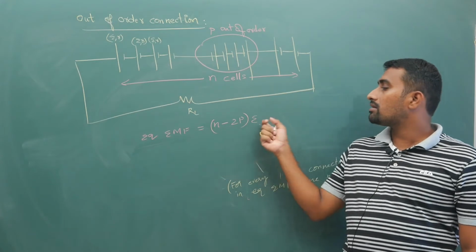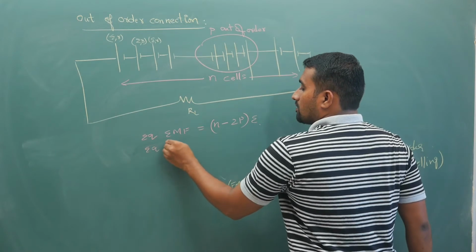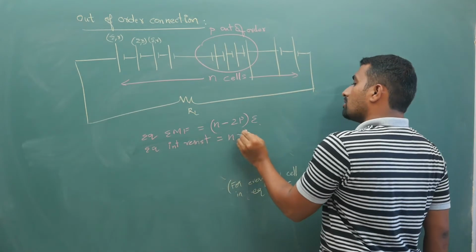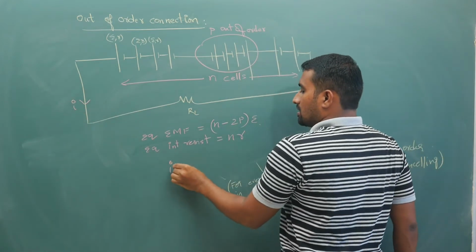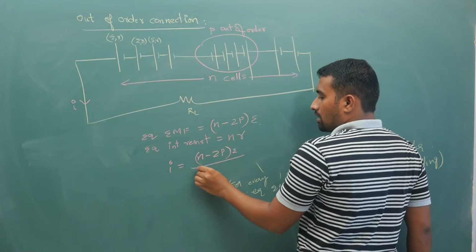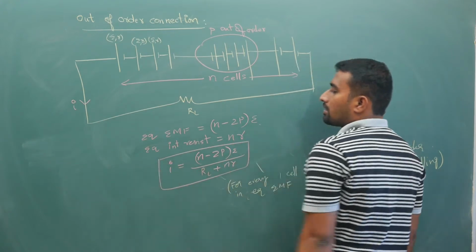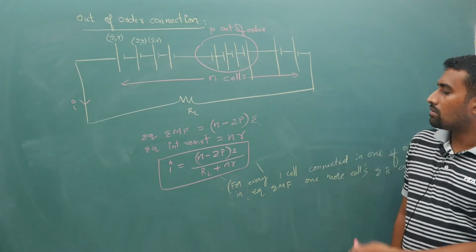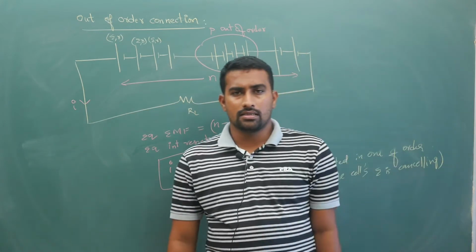So you get equivalent EMF as (n minus 2P) into E, whereas your equivalent internal resistance is still the same, n into R, and your current I is equal to (n minus 2P) into E by (R load plus nR). This is going to be your current.